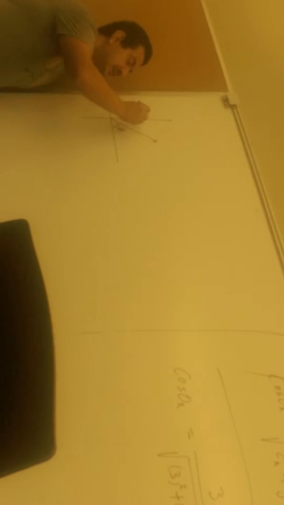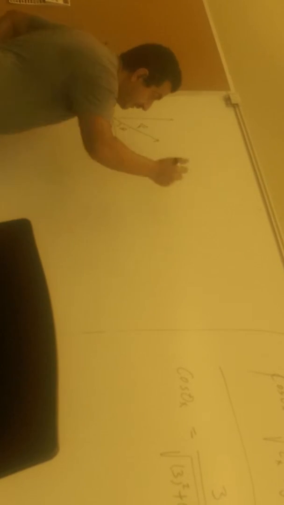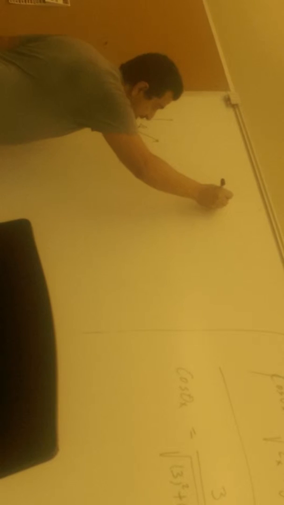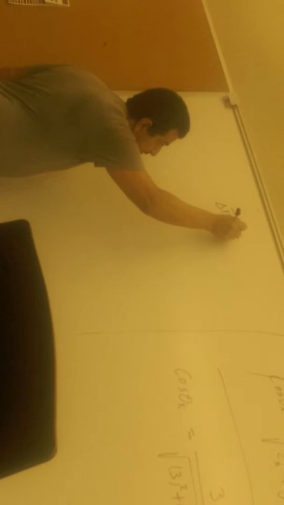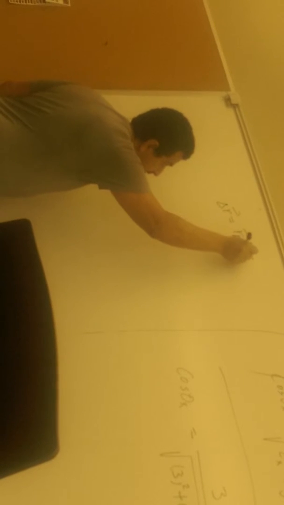So this arrow, I'm now going to call a displacement r at an angle theta. I'm going to define the displacement, instead of x or y, as r final minus r initial.